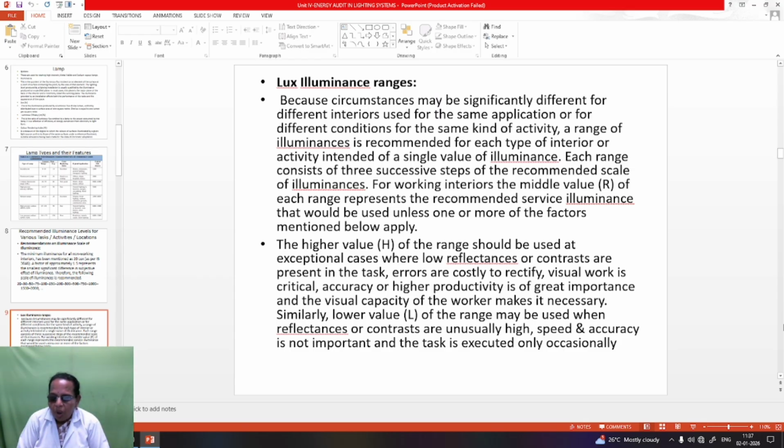The higher value of the range should be used in exceptional cases where low reflectance or contrasts are present in the task, errors are costly to rectify, visual work is critical, accuracy or higher productivity is of great importance, and the visual capacity of the worker is below normal. The lower value of the range may be used when the reflectance or contrast are unusually high, or speed and accuracy are not important and the task is executed only occasionally.